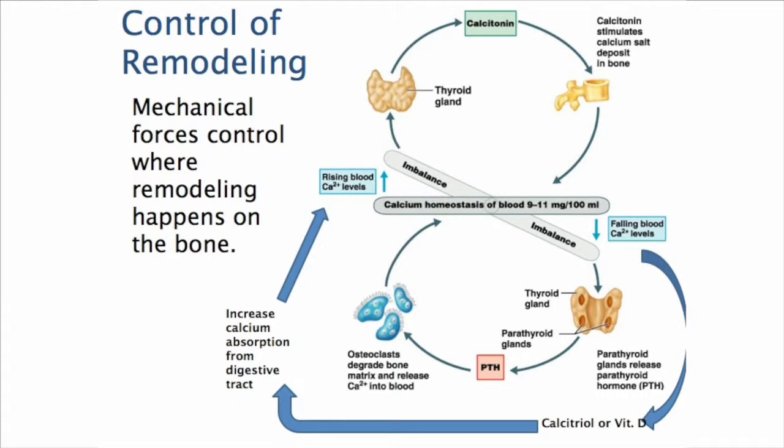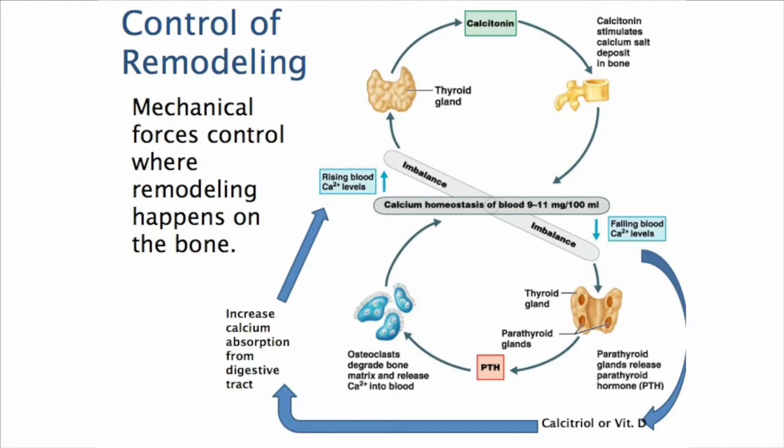The opposite situation, where your blood calcium levels are too low, you don't have enough blood calcium, then it's your parathyroid glands on the back of the thyroid that release a hormone, nicely enough called parathyroid hormone.